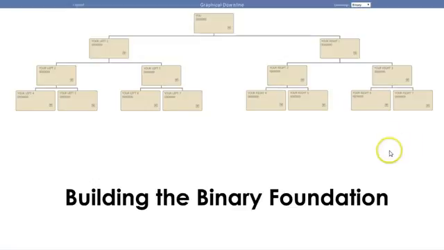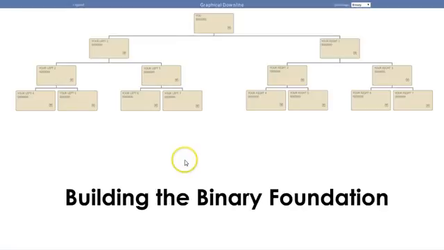Now, what's going to happen is, as each of these people begin to get binary qualified or begin to recruit, it's going to build in the same way, because everybody's going to need to add 1 person on the left side, 1 person on the right side. So it's going to continue that same focus of building volume on 2 legs for the people below and above. And so I believe that this structure is a much more useful structure for you to build.